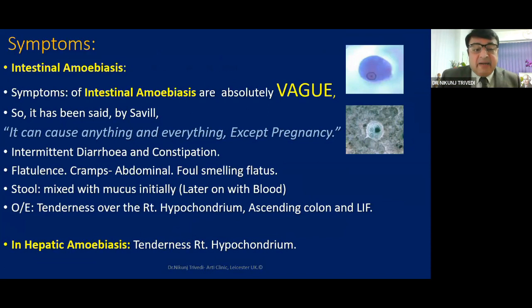It has been said by several that it can cause anything and everything except pregnancy: intermittent diarrhea and constipation, flatulence, cramps, foul-smelling flatus, stool mixed with mucus initially, later on with blood when the ulcer gets bigger and bigger. On examination, tenderness over the right hypochondrium, ascending colon, and then the whole abdomen becomes sensitive, and that is called tympanitis.